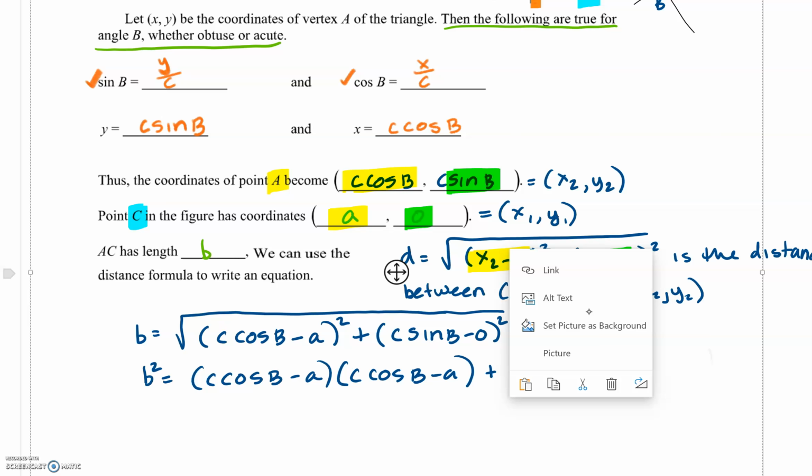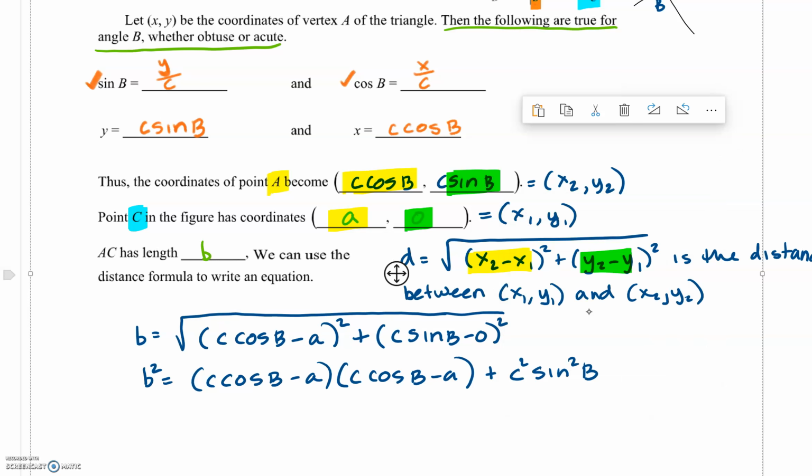So now I'm going to use FOIL to multiply, get rid of the parentheses.